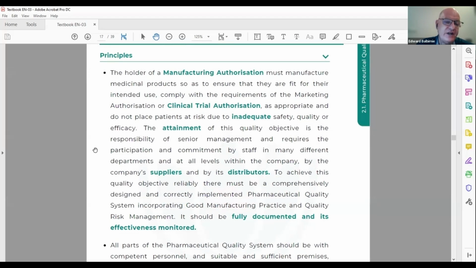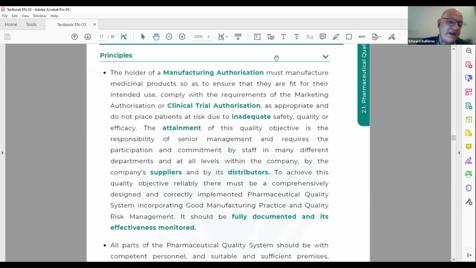Effectively, your company, once they get approval to market or sell product in Europe, they obtain a marketing authorization. So if you're manufacturing, you obtain a manufacturing authorization.